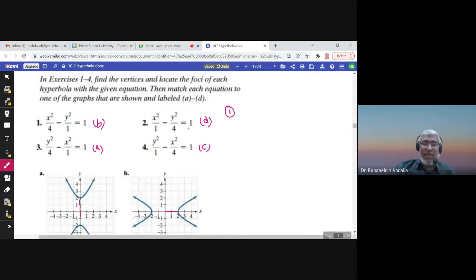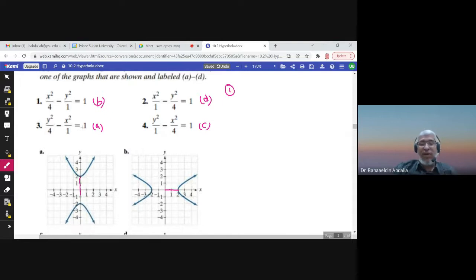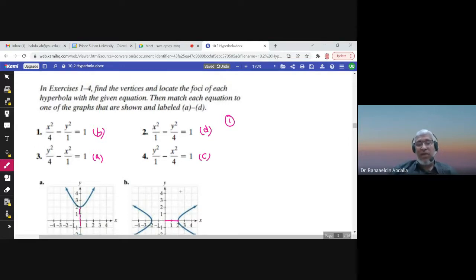As simple as that. If I want to find the vertices and the foci, for example for the first one, I can find the vertices from the graph, but I don't have the foci. But I can work them out. 2 is the distance from the center to the vertex. The vertices are on the transverse axis, and the transverse axis is horizontal because this is x squared.